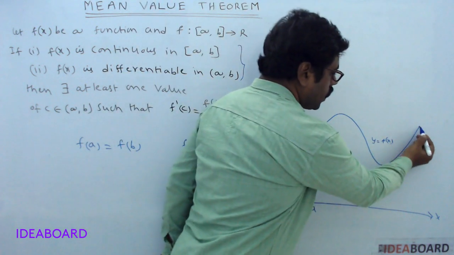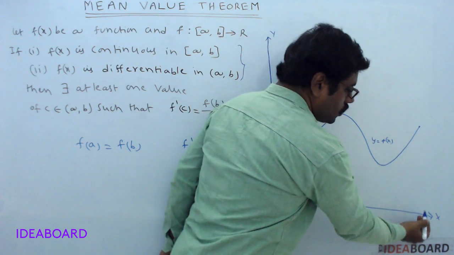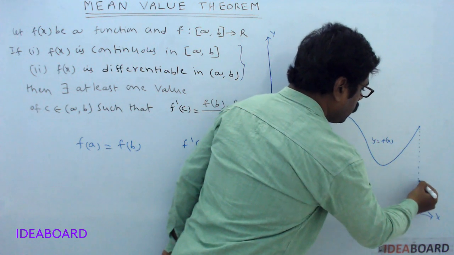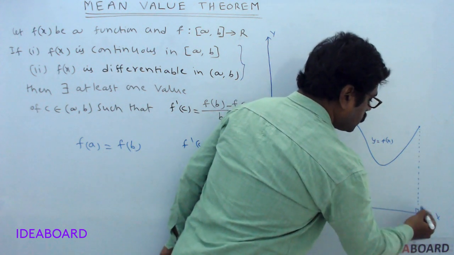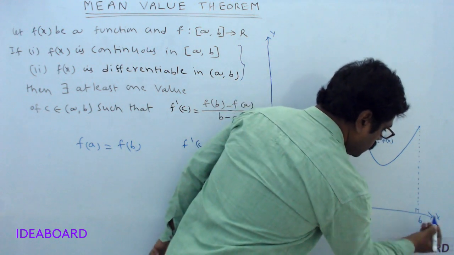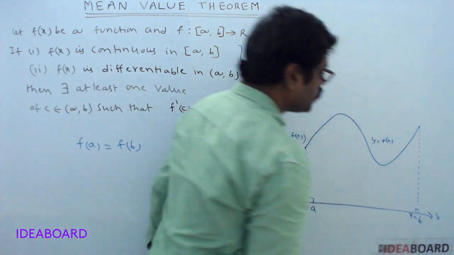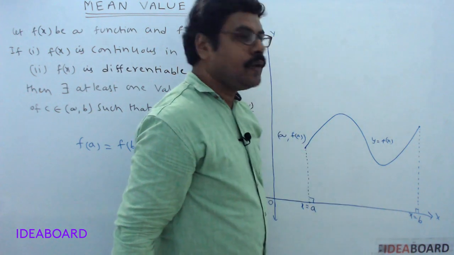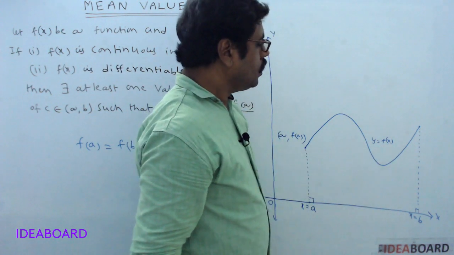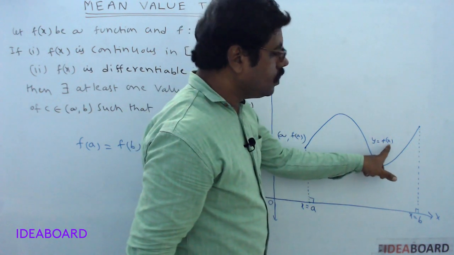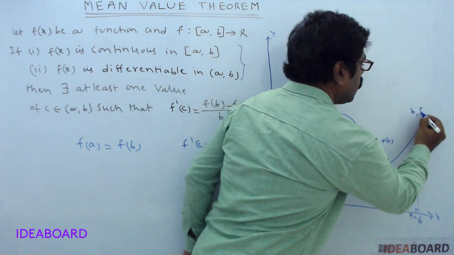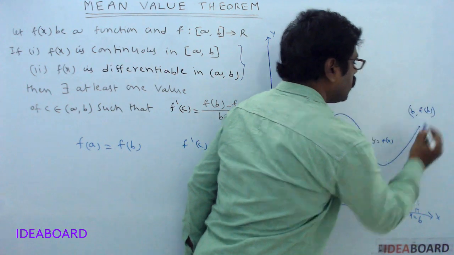Draw a perpendicular from this point onto the x-axis. Now take this point as b, that is x equals b. By substituting x equals b in this equation, you get y equals f(b). Now this point's coordinates are (b, f(b)).